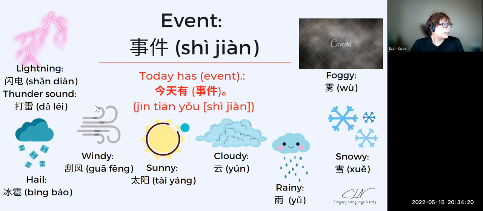Let's go over them a little bit just so that we're all remembering. Lightning is 闪电, 打雷, 冰雹, 刮风, 太阳, 云, 雨, 雪, 雾.